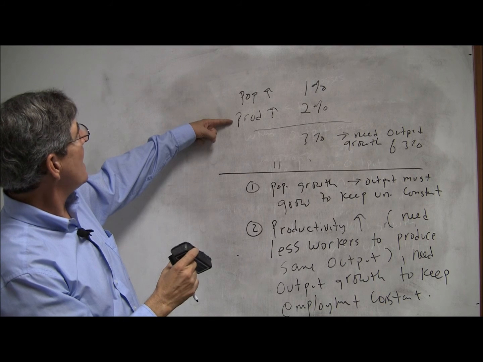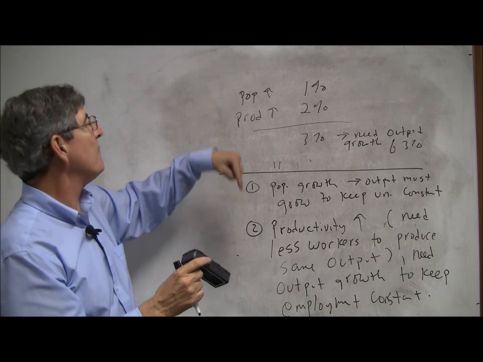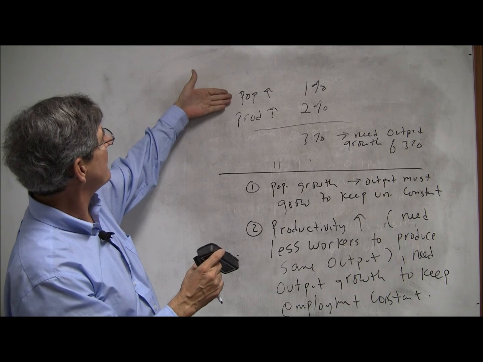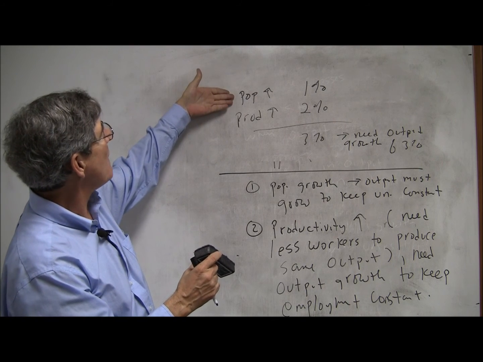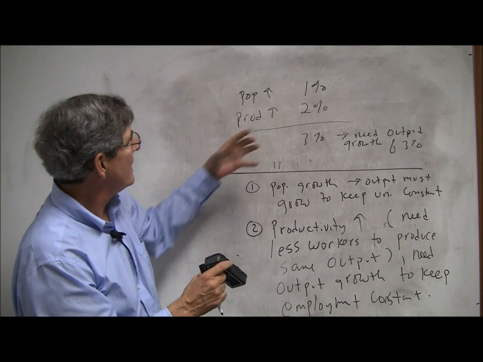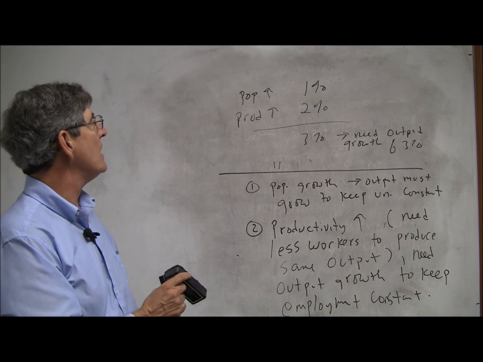Because productivity is going to cause your need for people to go down by 2%, and you need more jobs to absorb the population. So when you put those things together, you're going to need 3% output growth just to keep employment constant.